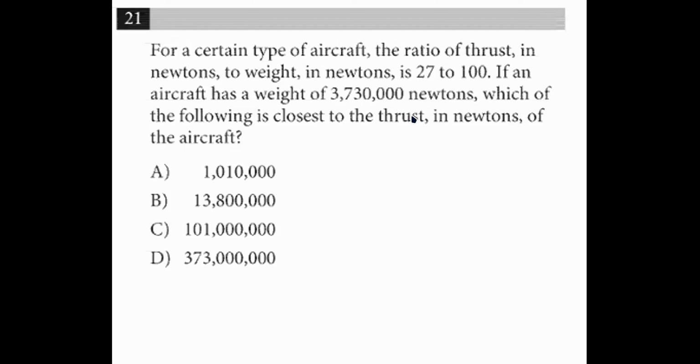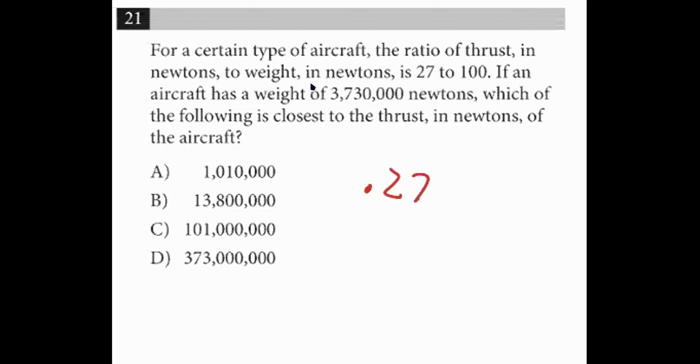We're given weight, so to find thrust, we just have to multiply by 0.27 because this is 100. Going from this to this is pretty simple. We just multiply by 0.27 because 100 times 0.27 is just 27.